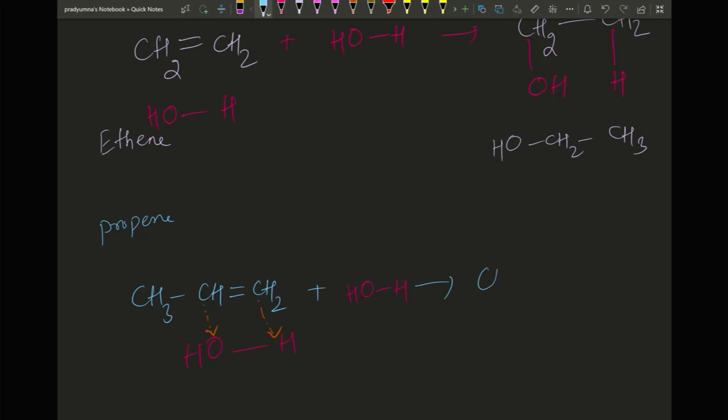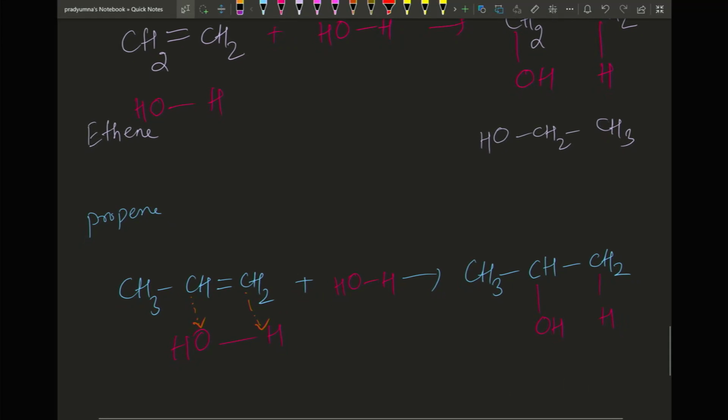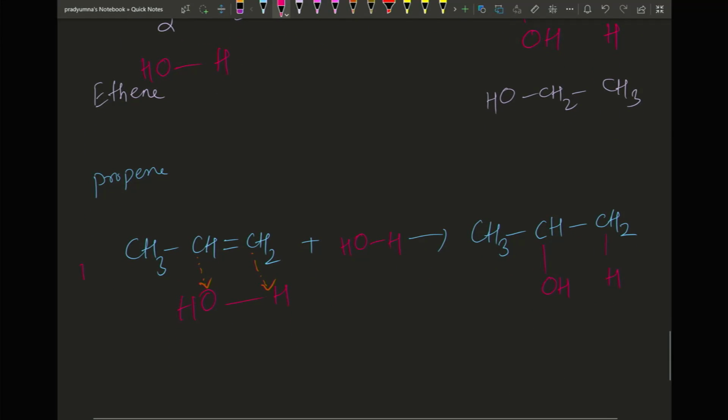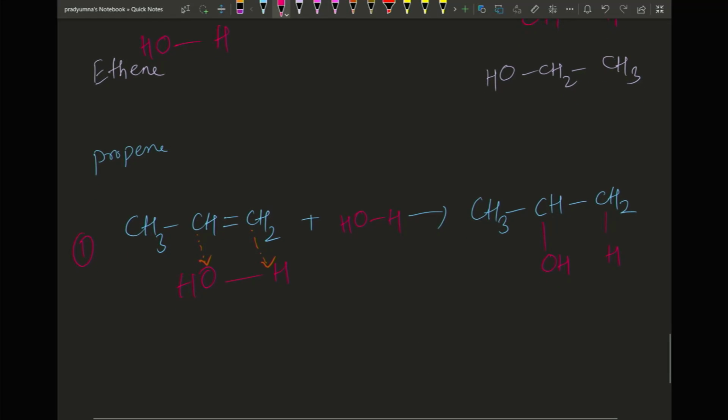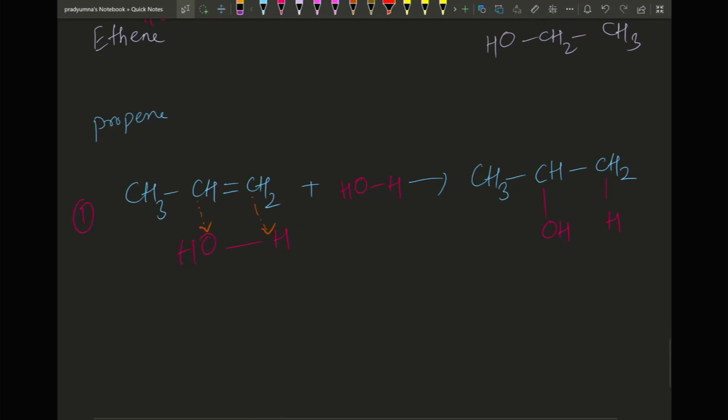We got CH3, C, CH, single bond, CH2, with this OH and H. So this is option one. However, since this is asymmetric, you have another option. So it could go like this.